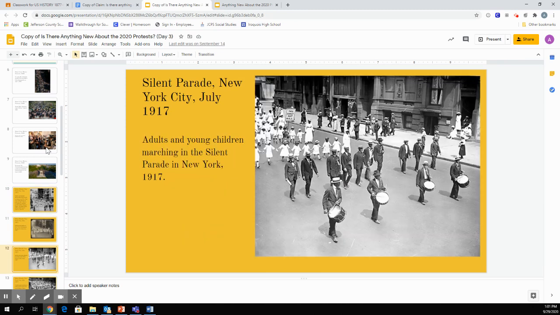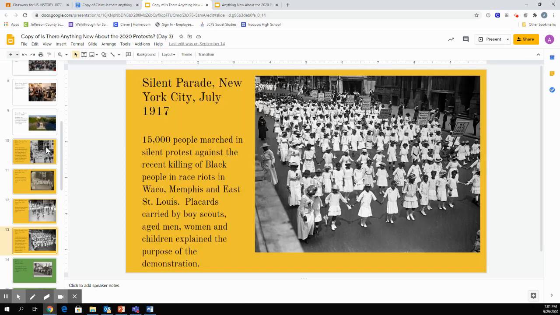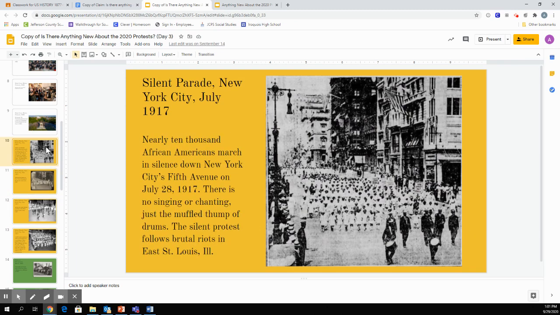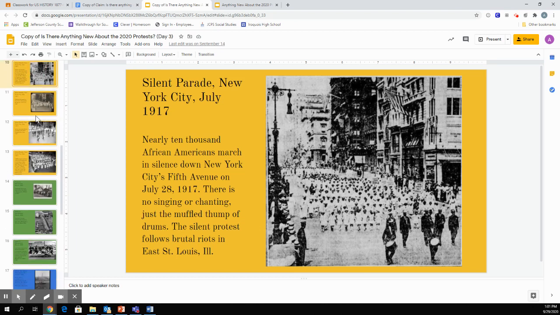So we're looking at this silent parade through New York City. This was people marching in silence all through New York City. And they were fighting against violence against African Americans. So that's one similarity you can put right there.